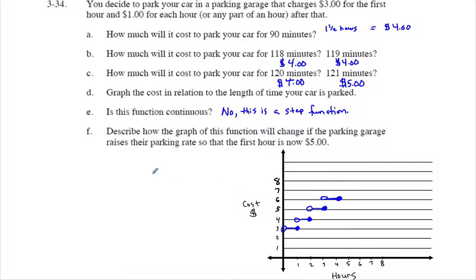So it would shift our graph up by $2. So everything would move up $2.